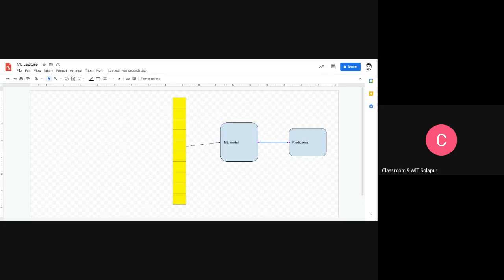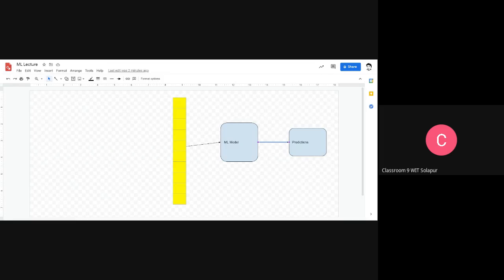So if I say I have three options. One, I want to split this data into 50-50. Second, into 70 and 30, and third, into 90 and 10.